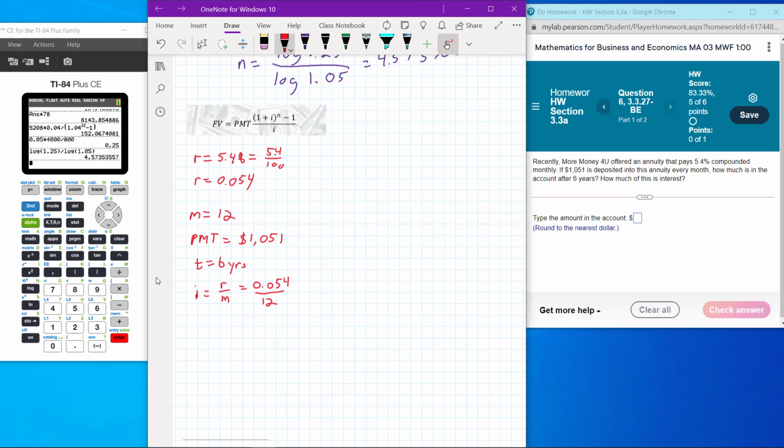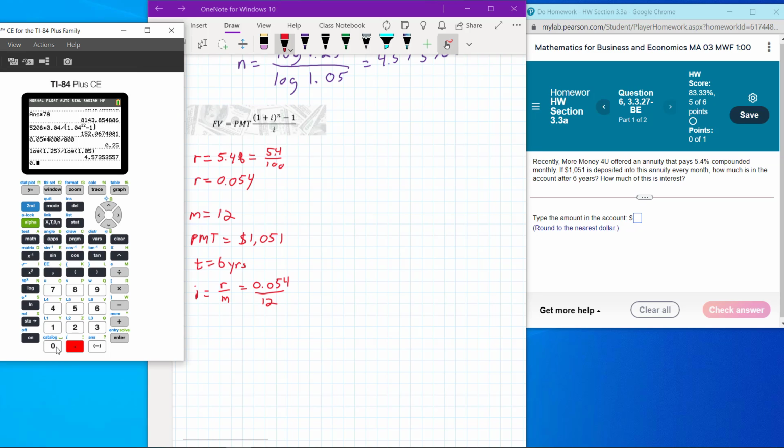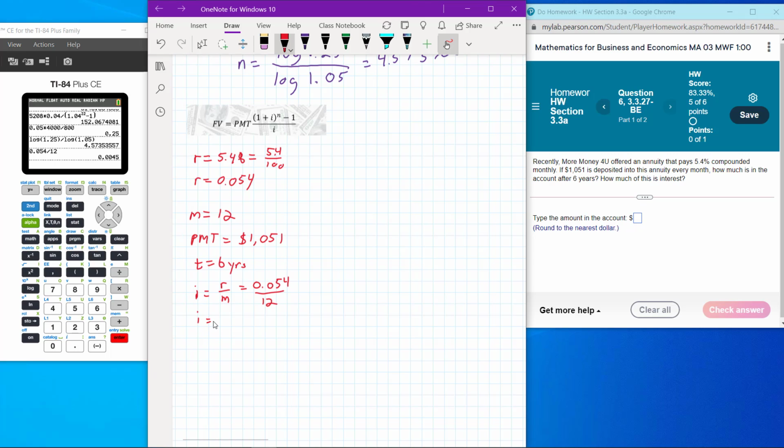And that will give us 0.054 divided by 12. That gives us 0.0045.